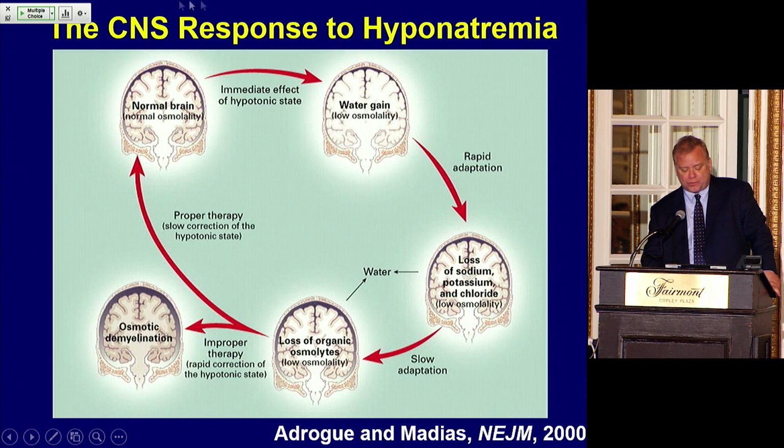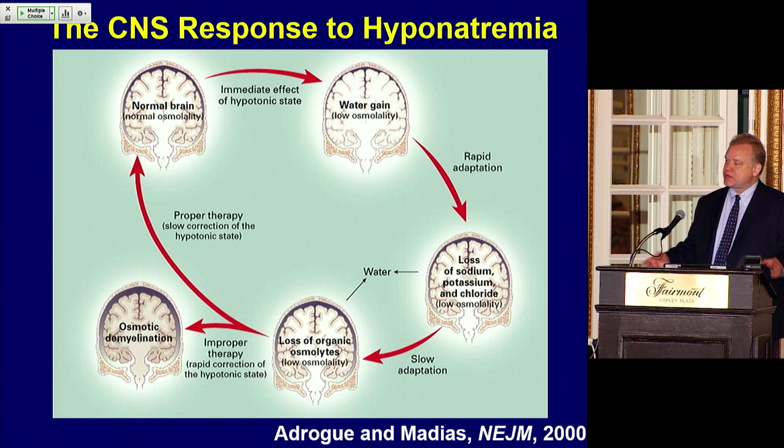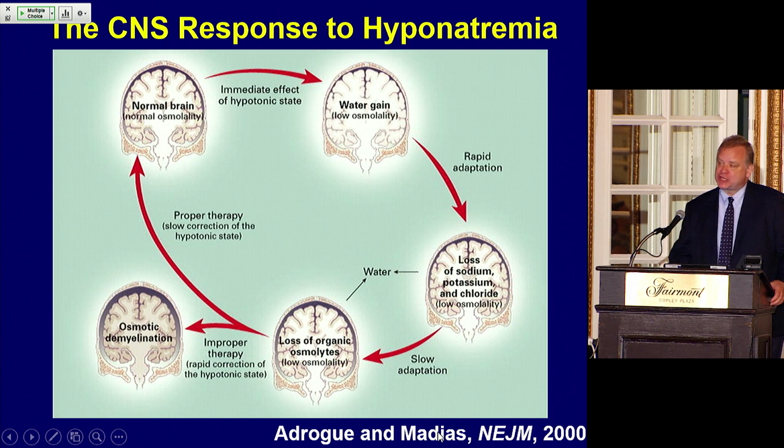Regardless, if you have a normal brain that's exposed to a hypotonic state, you get a water gain that causes this rapid adaptation where you lose intracellular potassium and sodium, and then you get a slower adaptation where you lose the intracellular organic osmolytes that protect volume.